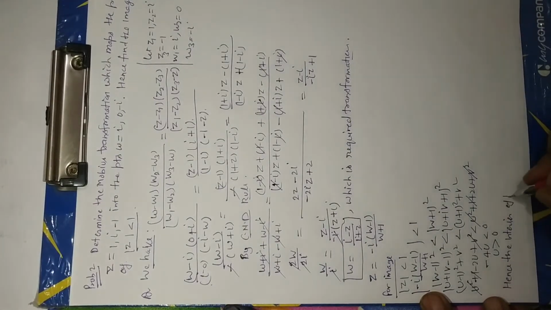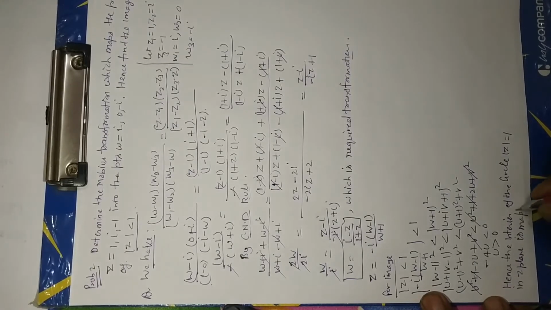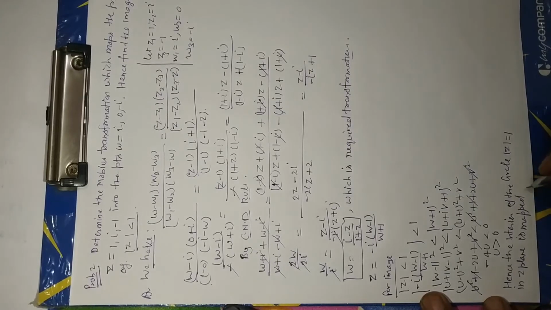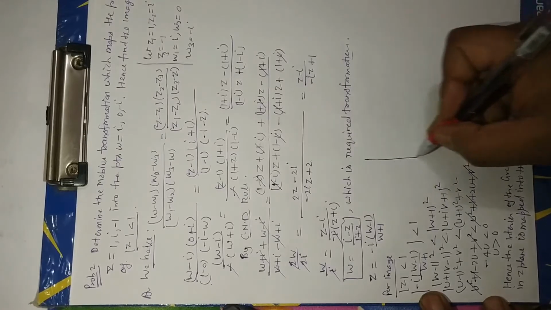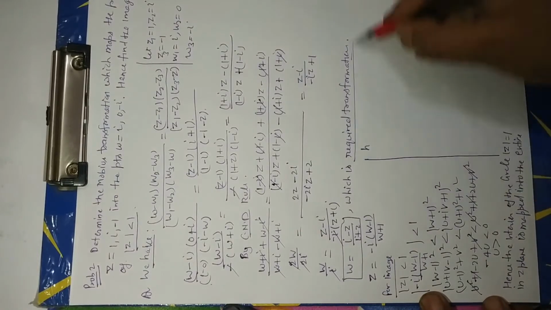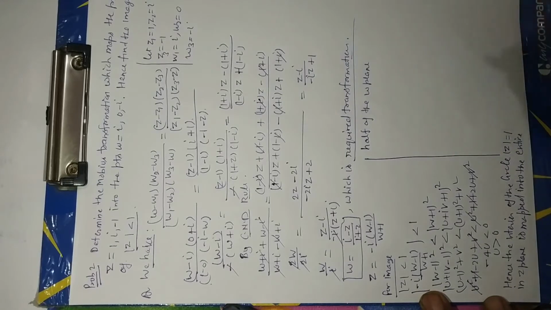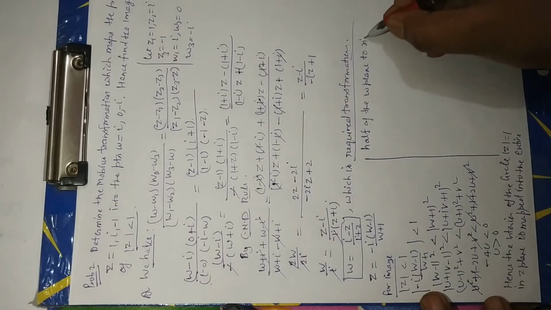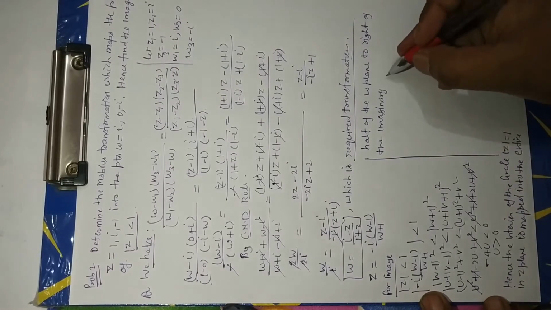Hence the interior of the circle |z| equal to 1 in the z plane is mapped into the entire half of the w plane, to the right of the imaginary axis.